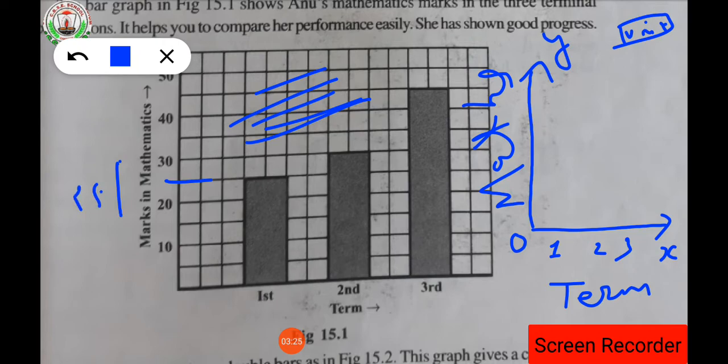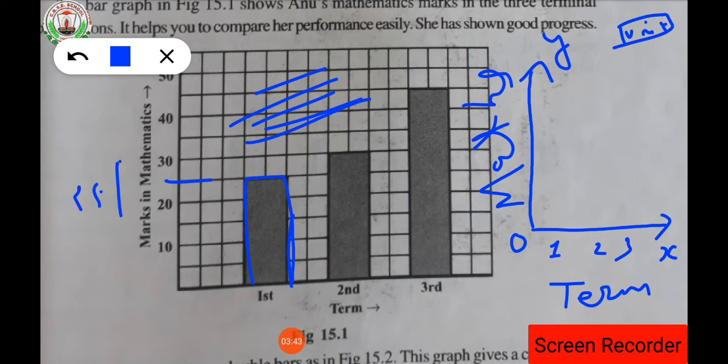So we are going to plot that particular graph. And from where will you get that information? From the tabular form. According to the table that is given, we are going to draw the graph, so every piece of information you will get from the table itself.